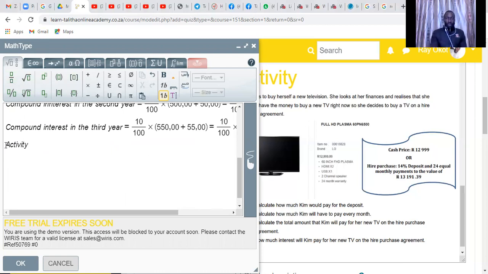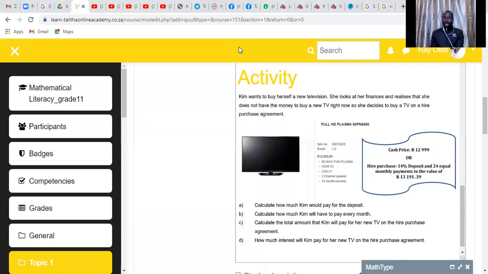This is the piece of information that we have. What else do we know? Well, apart from the general statement about Kim, we are supposed to calculate how much Kim would pay for the deposit. This is the TV. This is the description.